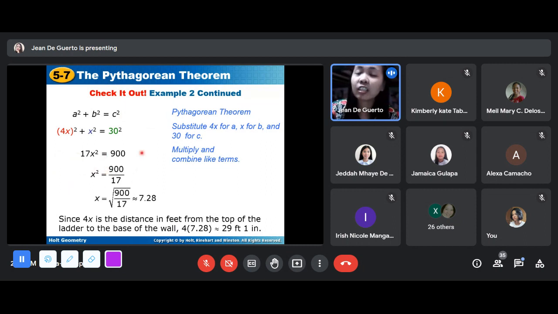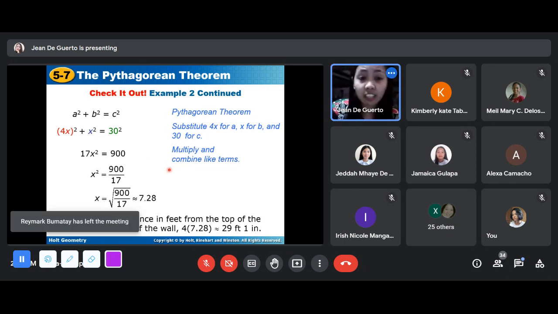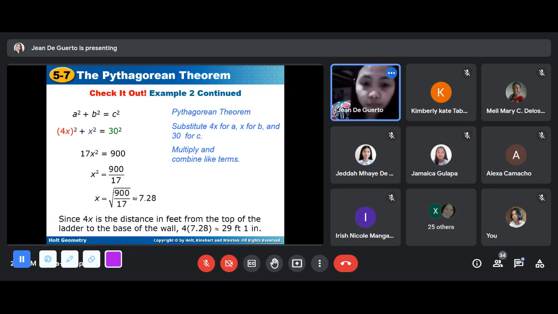Naka-scale siya. Kung natatandaan nyo yung lesson natin last time, yung sa scale, okay, it is in inches. So we just have to multiply 7.28 by 4. Ibig sabihin, for every 1 foot on the given, it is equivalent to 4 inches.